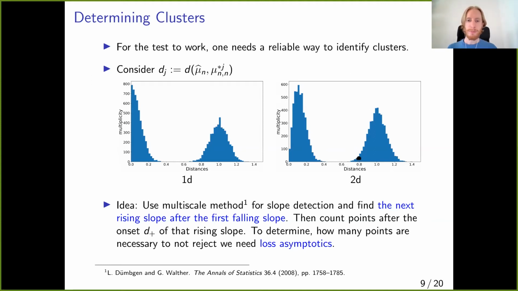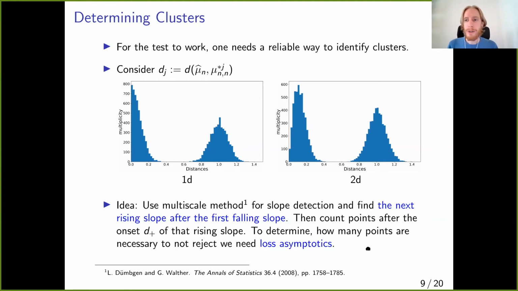So then here we would potentially find 0.65 or so as the starting point, and every value of dj which is larger than this 0.65 would be counted. So all of the points in this cluster here would then be counted.